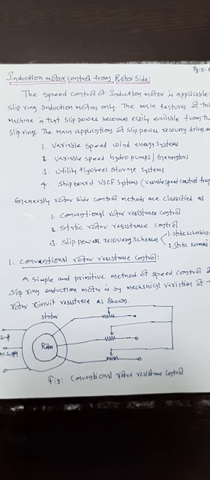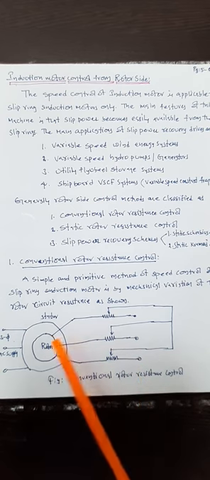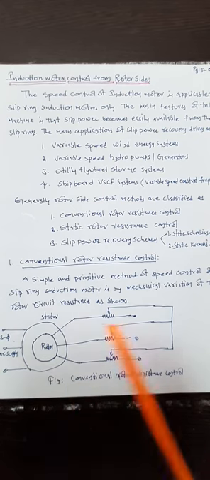Here, not like this, the rotor has a winding similar to that of the stator. The three winding connections are brought outside with the help of slip rings and brushes, and these three connections are connected to an external rheostat. See here, this is the conventional rotor resistance control.